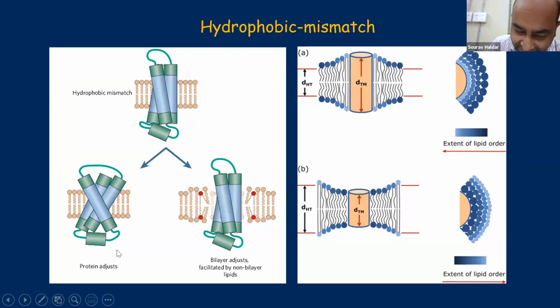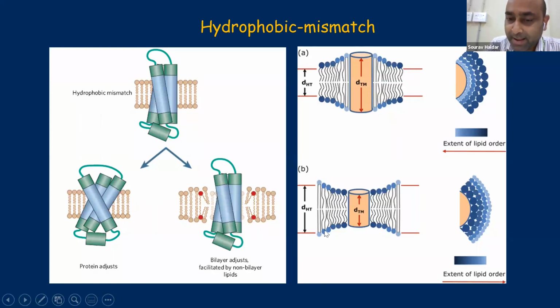So in the latter case, from the protein point of view, nothing will happen if the hydrophobic thickness is more than the transmembrane domain of the protein. Proteins will be fine. The lipids will have to go through some kind of modification. So this is shown here.